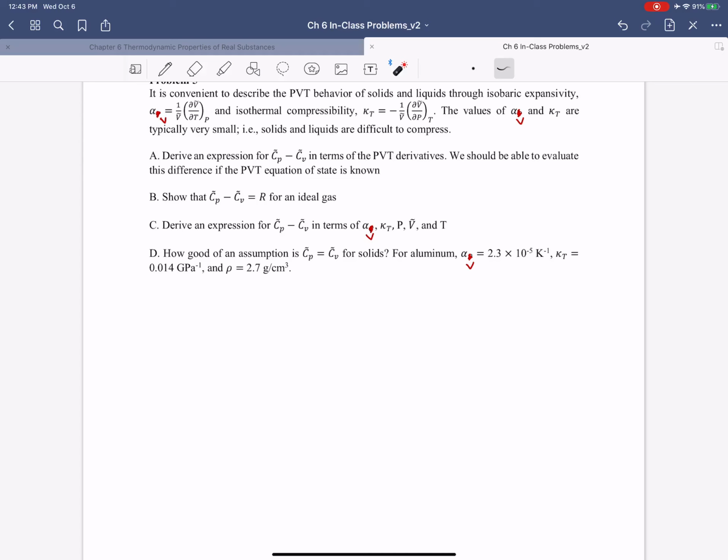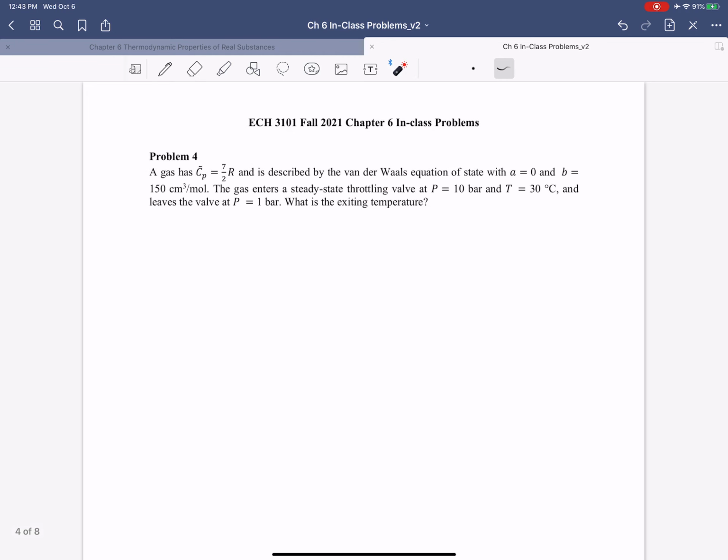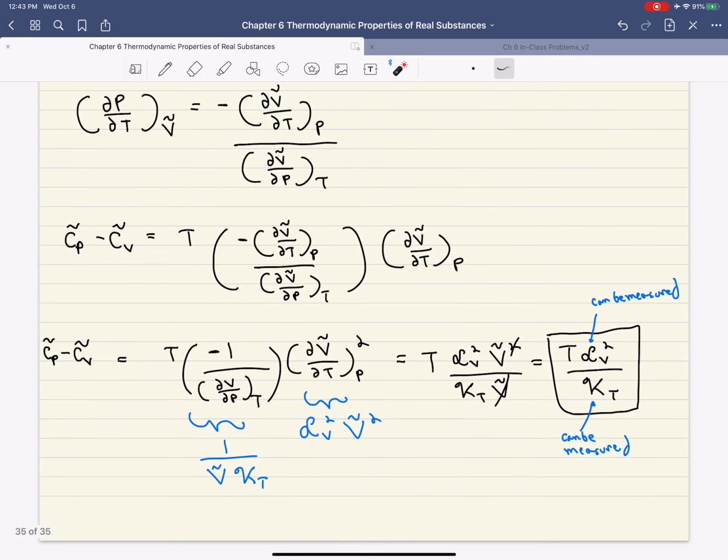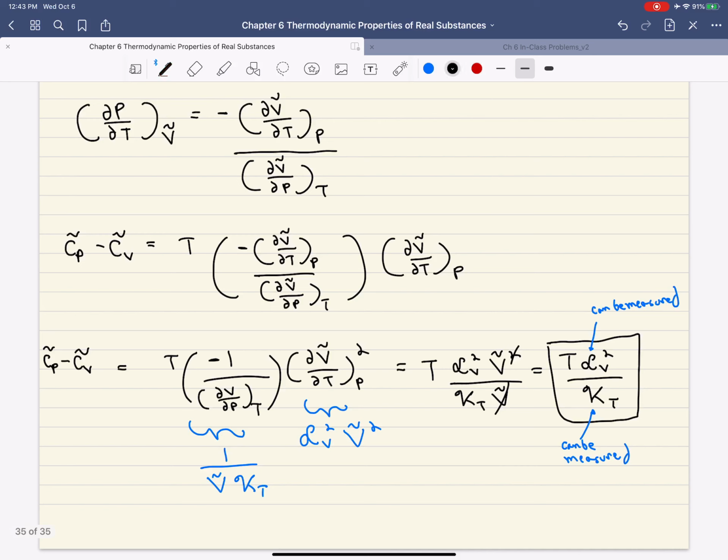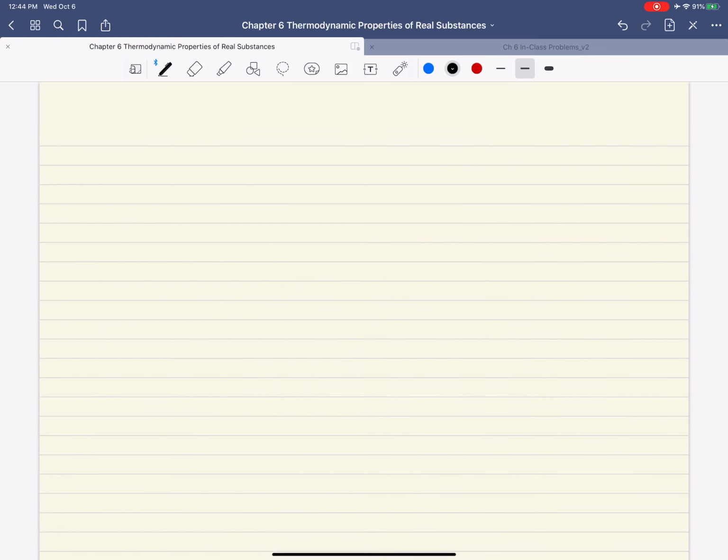Okay? Oh, it should be molar volume in this final result. I knew I was missing something. Okay? All right, so for part D, what we want to do is just plug in some values. Alpha V is equal to 2.3 e to the negative 5 inverse Kelvin.